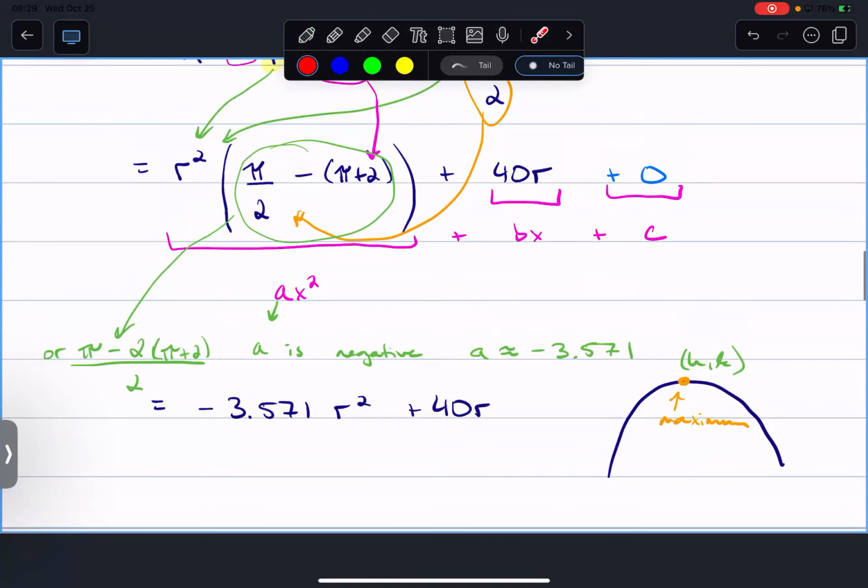Why? Because in order to add or subtract fractions, right, I need to have a common denominator. And so I use my sneaky trick of multiplying by 1 because that doesn't change anything. And so if I need a common denominator of 2, then if I multiply by 2 over 2, it doesn't change pi plus 2.